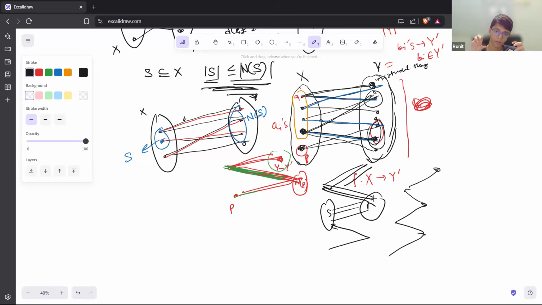Suppose in the neighbor set of P there exists a vertex B, and B is in the matching. All of them have to be in the matching, else we are done already. So if it's in the matching, then it must be connected to some other vertex. And then that's just an augmenting path.